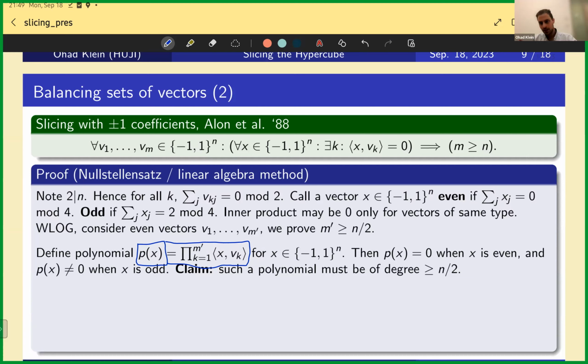Because every even vector x has some other even vector v that is orthogonal to x, this polynomial is going to be 0 on the even vectors. So p of x equals 0, and when x is odd, we are going to get non-zero because the product of an even vector and an odd vector cannot be 0.